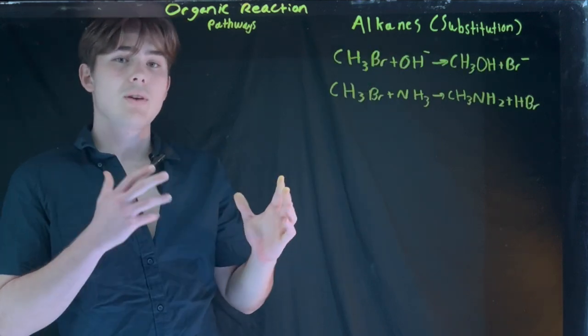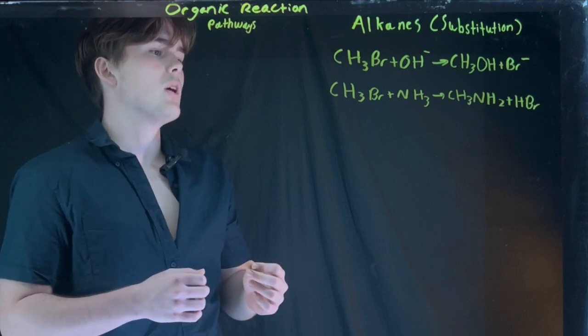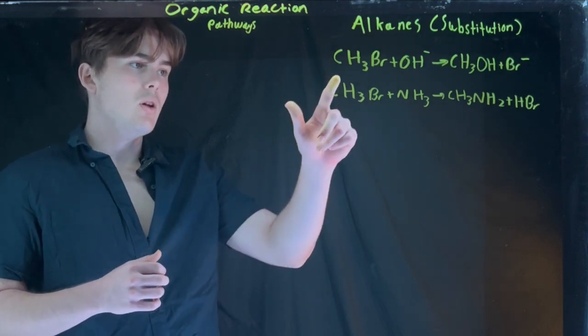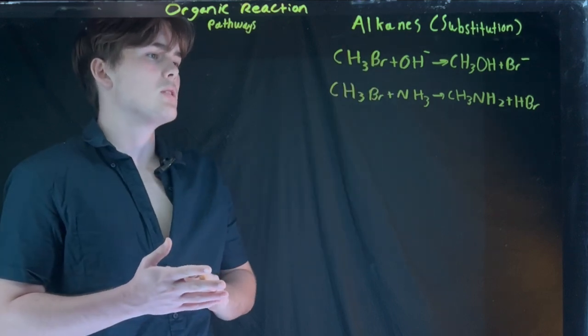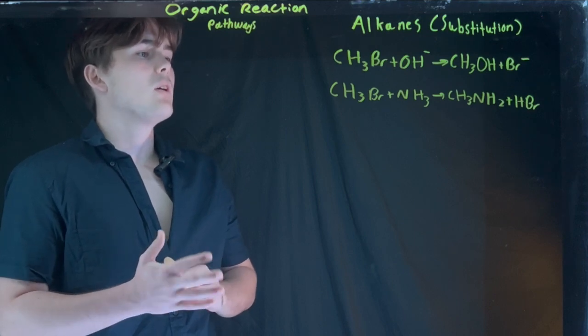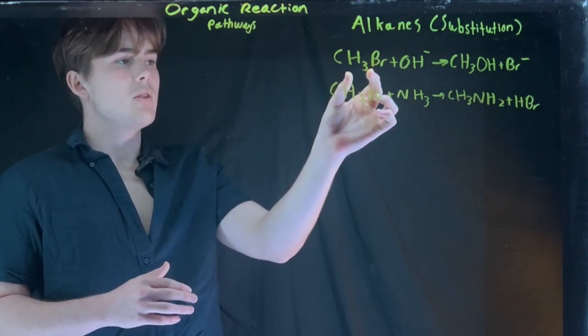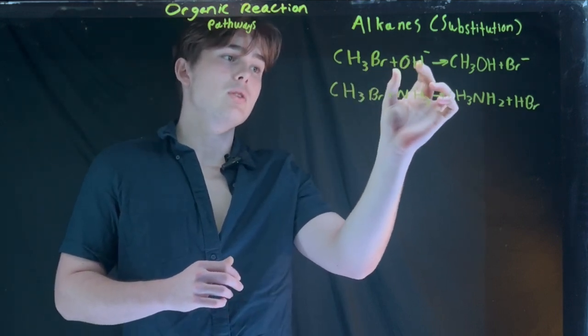So we have these two species here, two haloalkanes. We have CH3Br, which is bromomethane, reacting with sodium hydroxide.